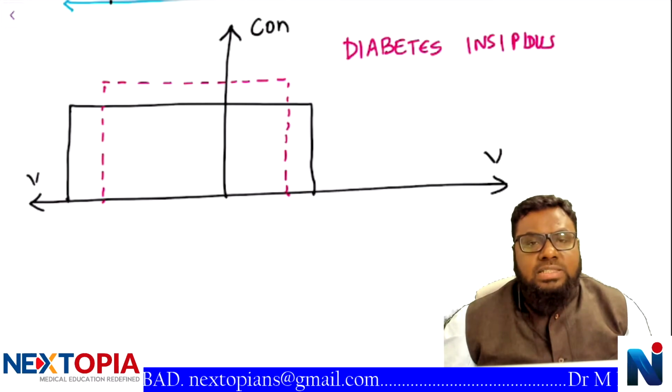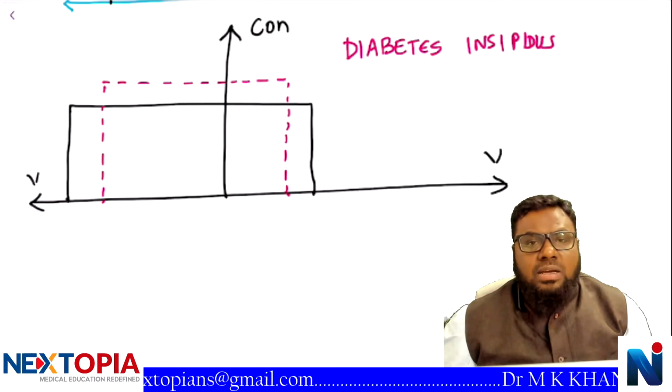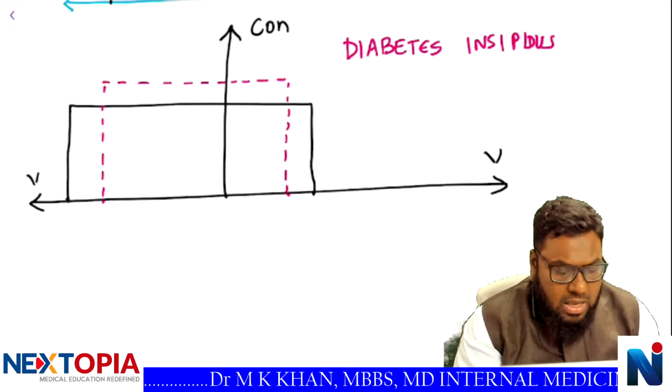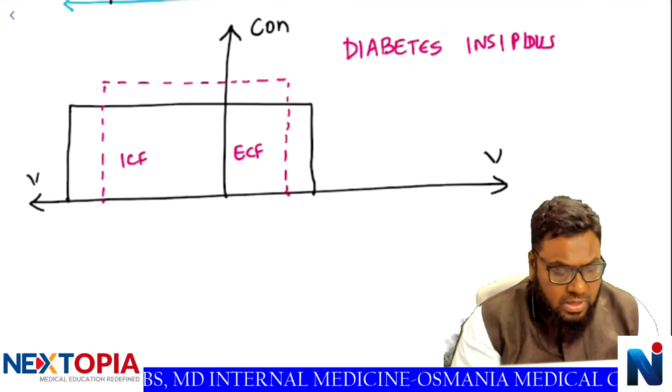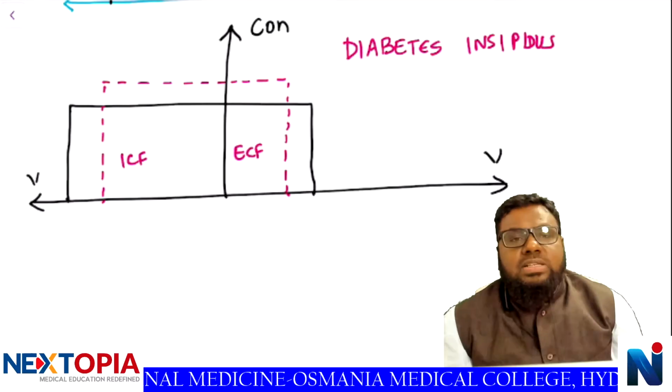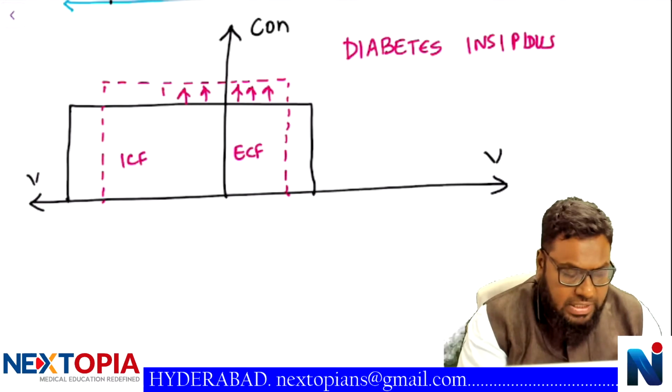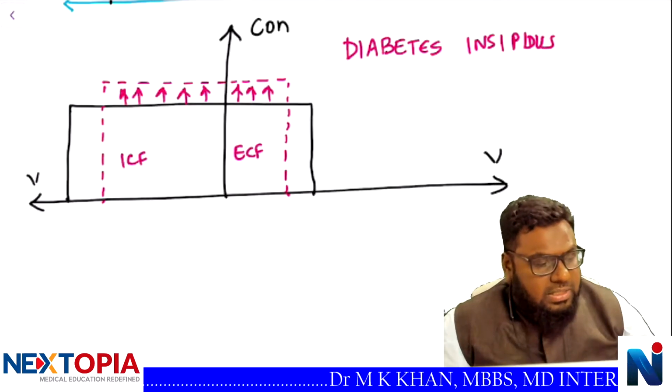So here we need to understand that the patient is showing loss of extracellular fluid and loss of intracellular fluid also. But what is happening to the solute concentration? Solute concentration has moved up, meaning increased. On the graph it has moved up in this direction. So the dashed line is showing the disease aspect, all right?